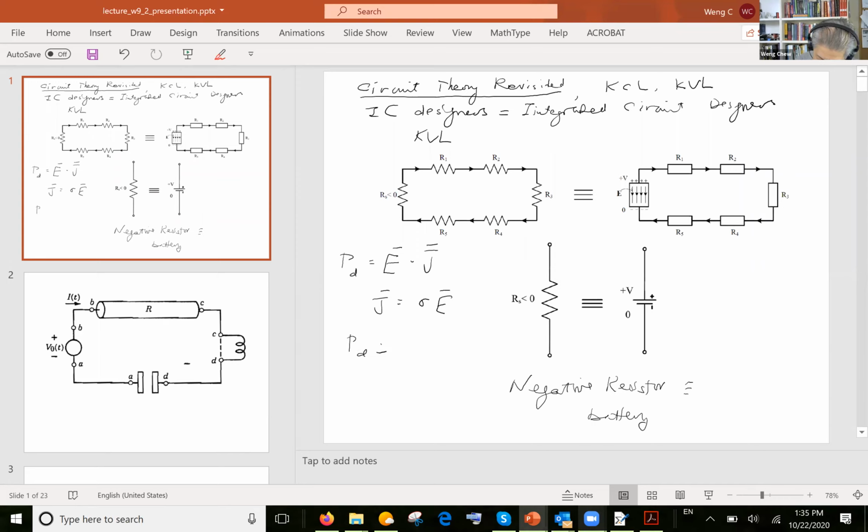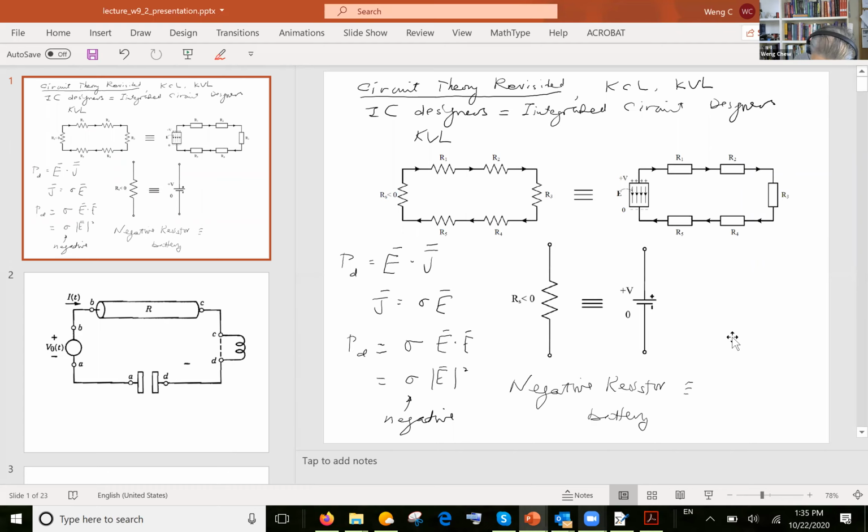Power dissipation is actually equal to sigma E dot E, okay, or is equal to sigma E squared. And you can write this both in the frequency domain as well as the time domain. And if this is negative, it just means that instead of power dissipated, power is generated. So you can think of a battery as a negative resistance in this new twist of things.